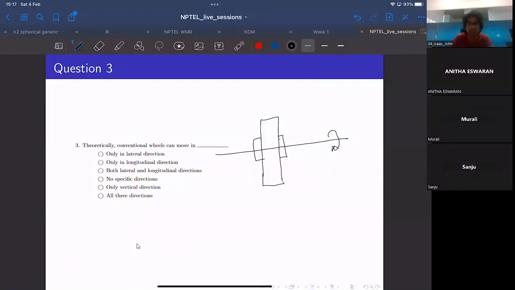And what are the lateral and longitudinal directions? We'll start with the lateral direction. Lateral would be the direction that is parallel to the axis of the wheel hub. So this is the lateral direction. And the in-plane direction perpendicular to this would be longitudinal.